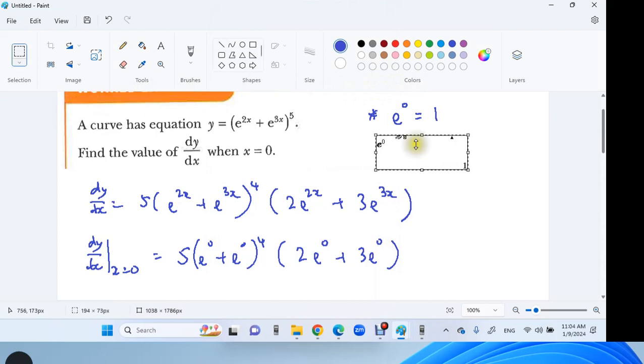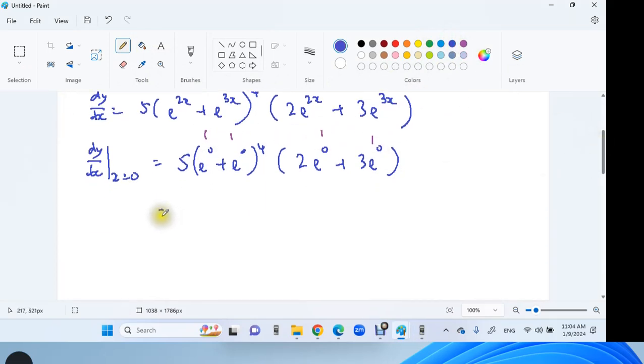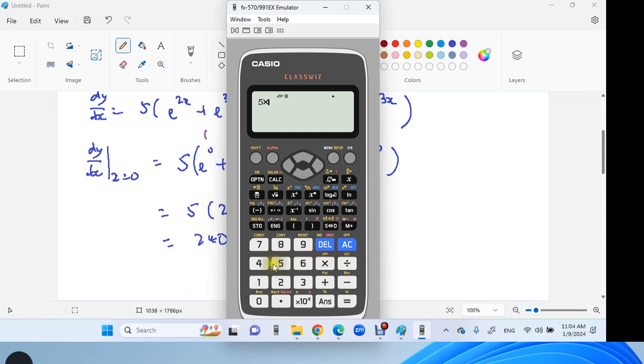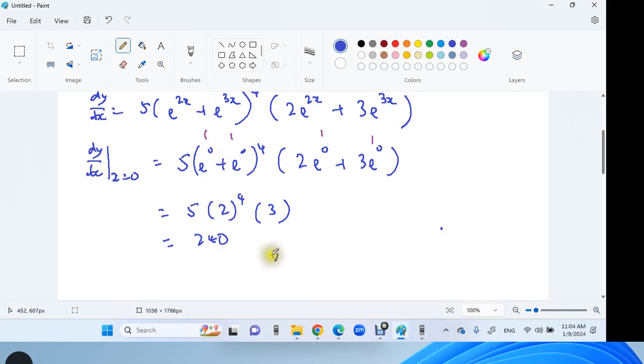Then this is 1, 1, 1, 1. Then it will become 5, 2 to the power 4, 3. So we have 5 times 2 to the power 4 times 3. Then the answer is 240.